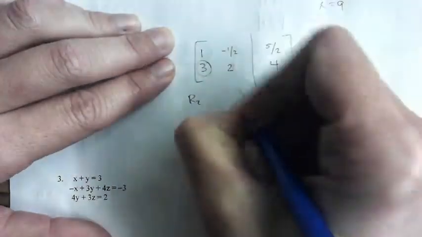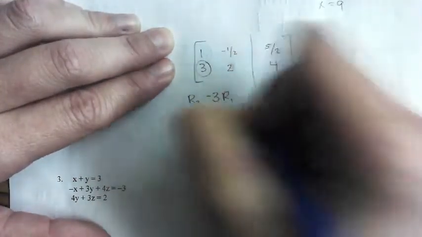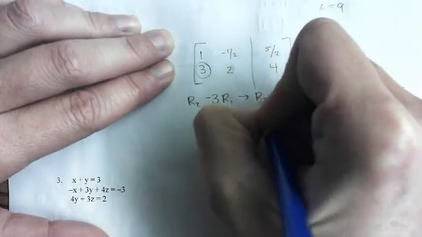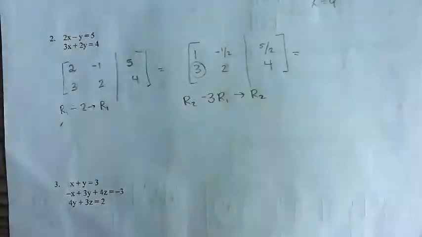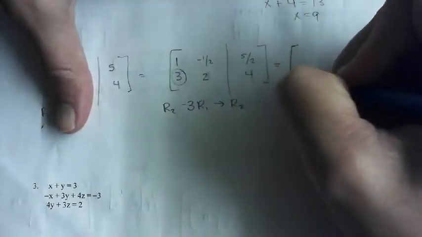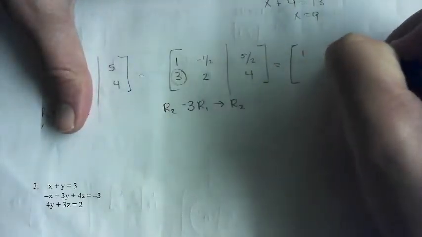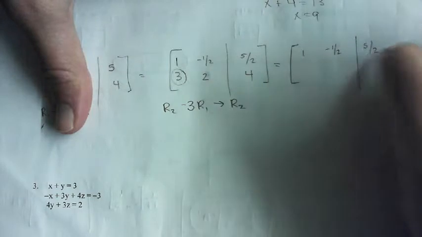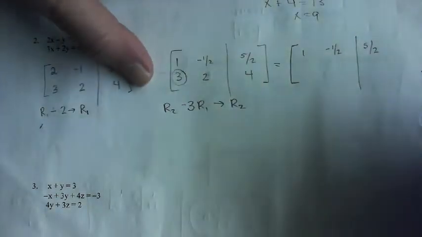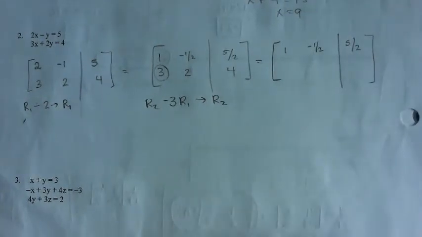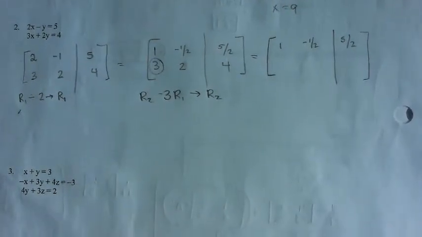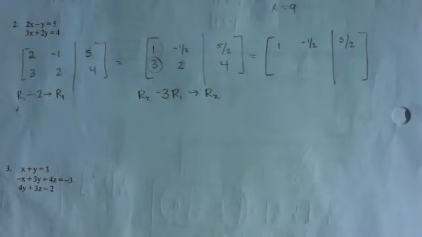Row 2 minus 3 times row 1 is going to replace row 2. Try to fill in your new row 2 on your own and look up to mine only when you're ready to check yours, because it doesn't really do you any good to just copy down what I have.